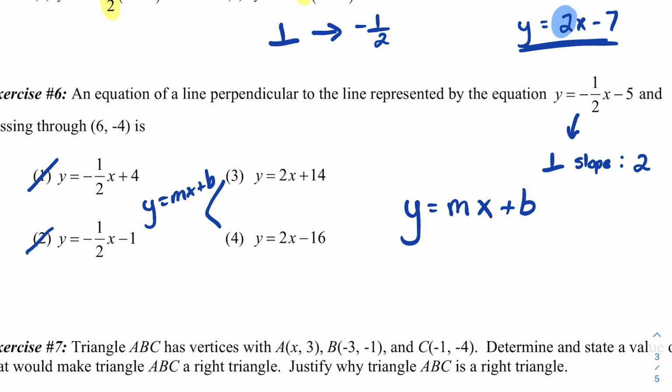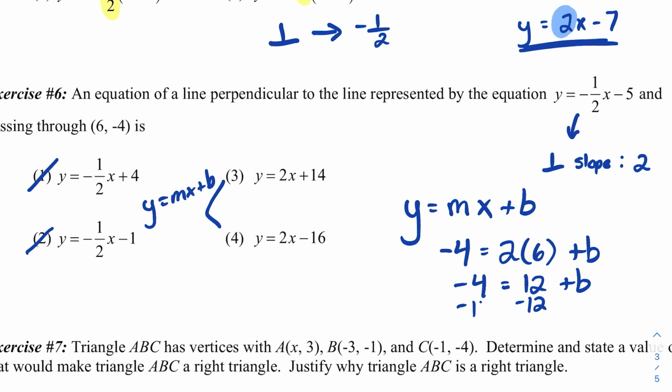I'm going to go ahead and do that. Negative 4 equals 2 times 6 plus b. Negative 4 equals 12 plus b. Subtract 12, and the y-intercept needs to be negative 16. So it has to have a slope of 2, a y-intercept of negative 16. Choice 4 seems to be the right answer.